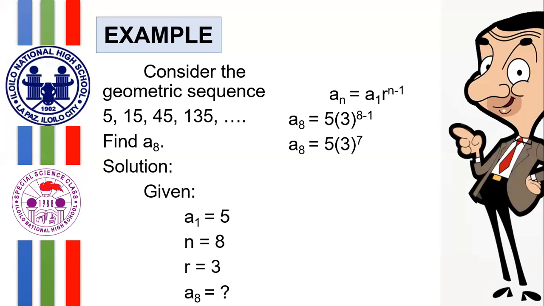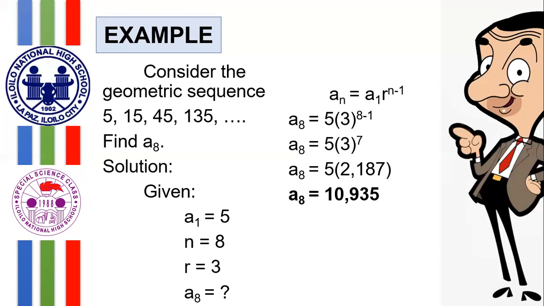And if you have 3 to the 7th, you will take 3 as a factor 7 times, or you should multiply 7 threes. That gives you 2,187. But you have to multiply that by 5, which means the 8th term is 10,935. If you got this, great job.